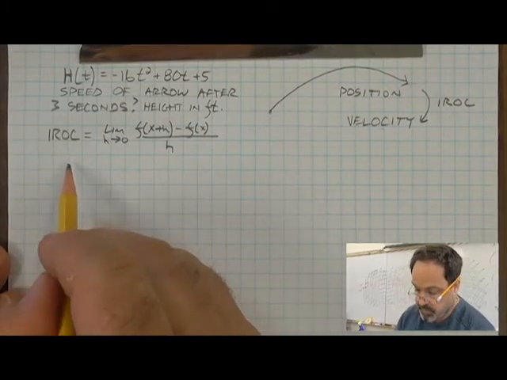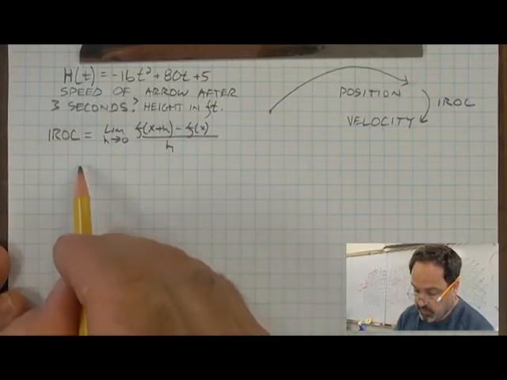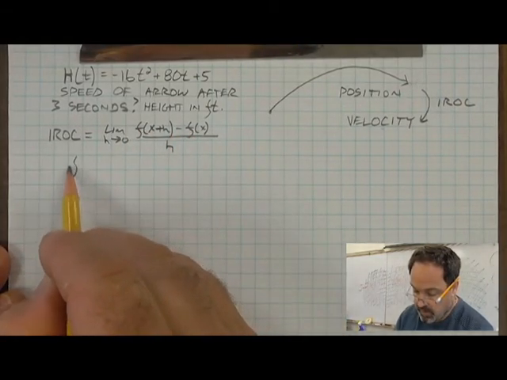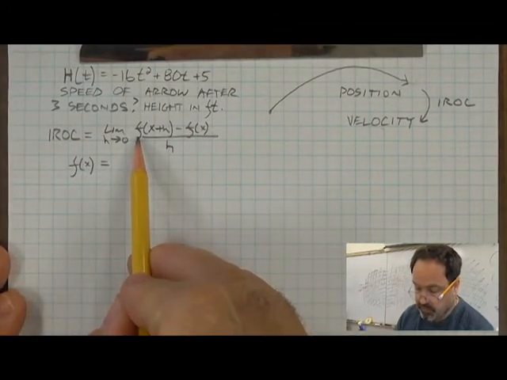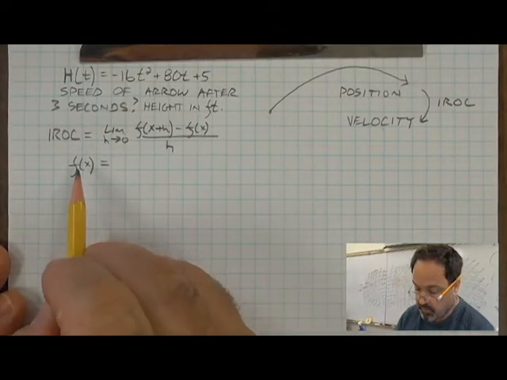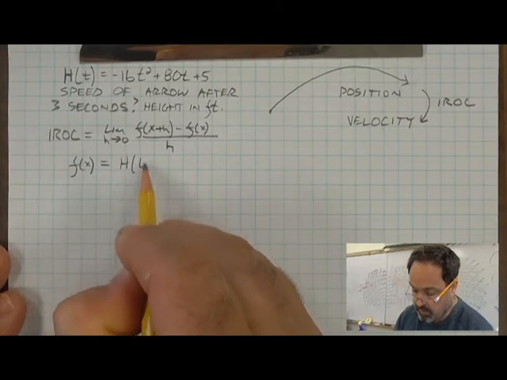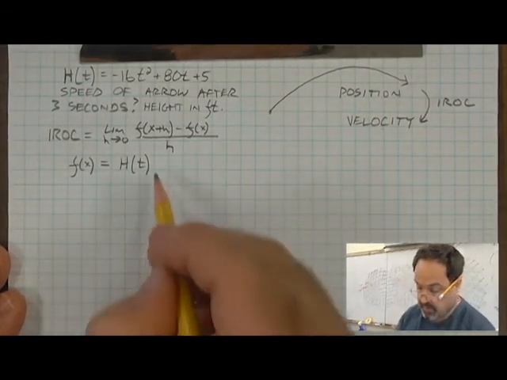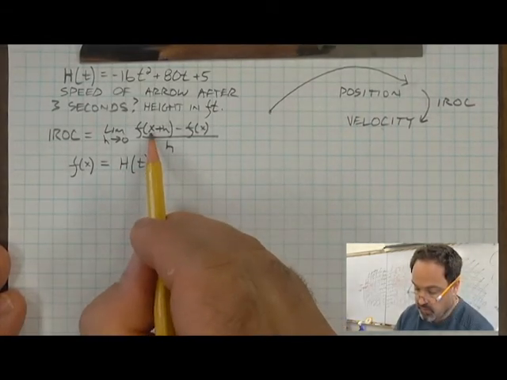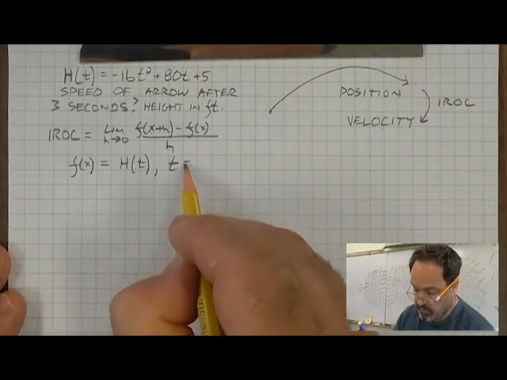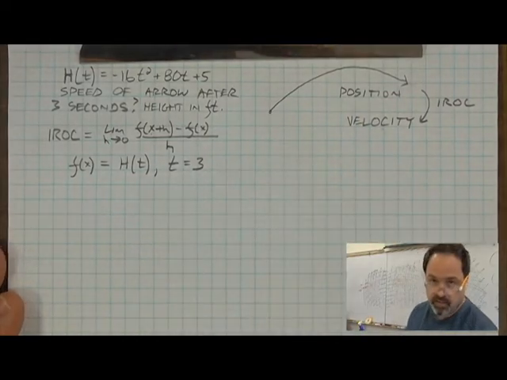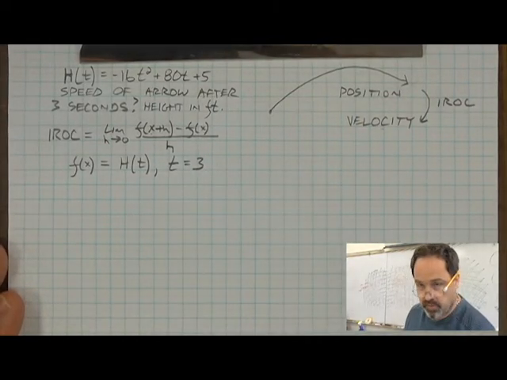Let's keep going. So in this general expression, I have f of x being my generic function, but in this problem, f of x is going to be capital H of t. And instead of the generic x, I have a specific domain value 3. I want to know the speed after 3 seconds, where time is equal to 3.